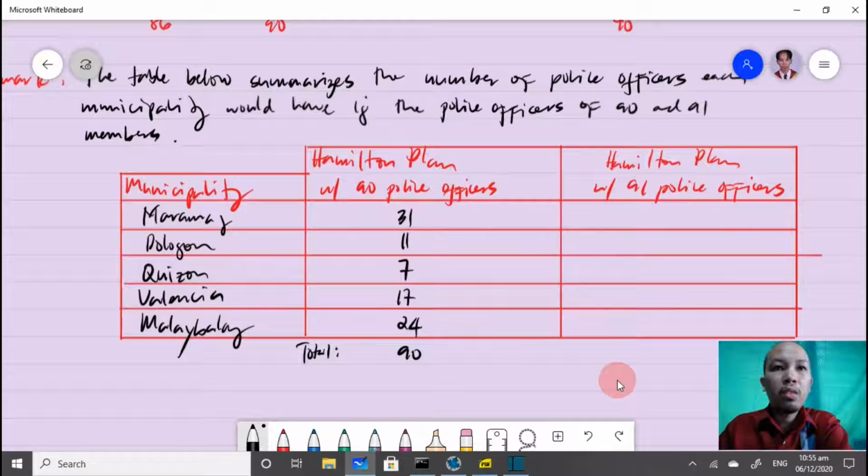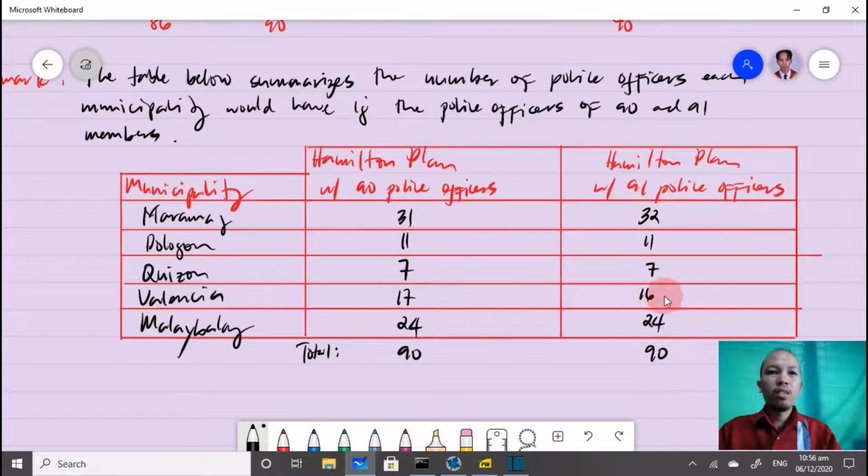But when the province of Bukidnon plans to add one more police officer, since maybe there's enough budget to hire one more officer, the resulting values become 32, 11, 7, 16, and 24. Sorry, 24. And this also adds up to 90.